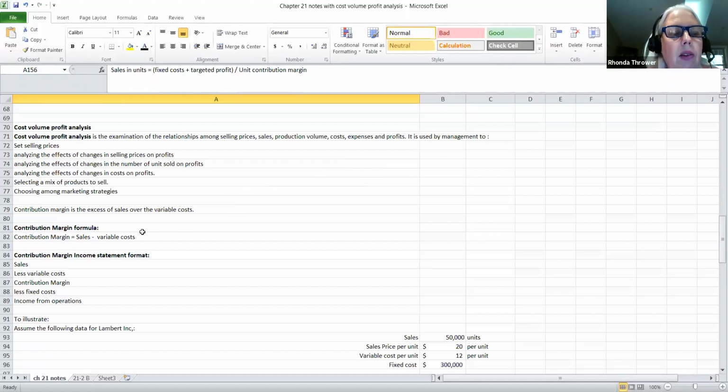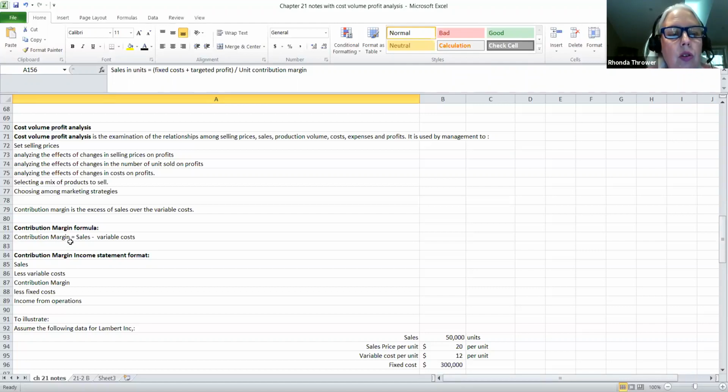So one of the first formulas that we're going to need to look at is something that we call contribution margin. And what contribution margin is, it's the excess of sales over variable cost. So we're going to determine our sales in dollars and subtract out our variable cost, and that will give us our contribution margin in dollar amounts.